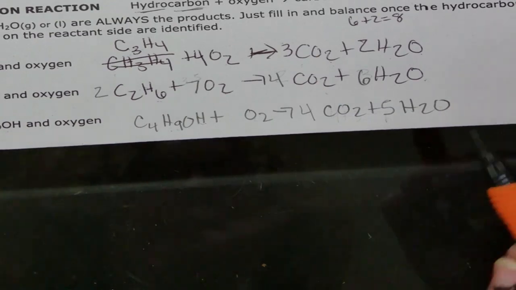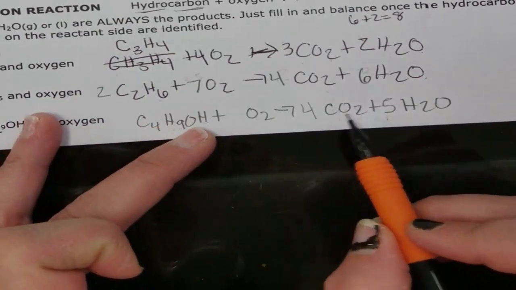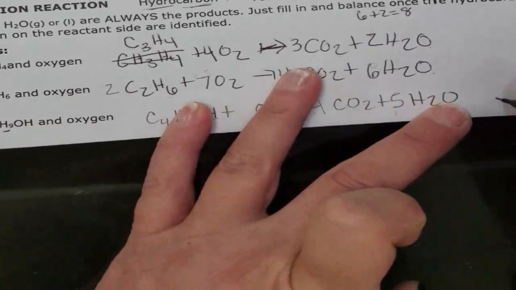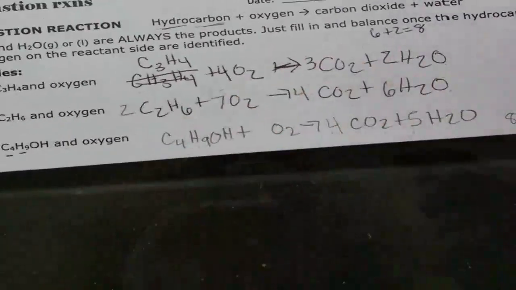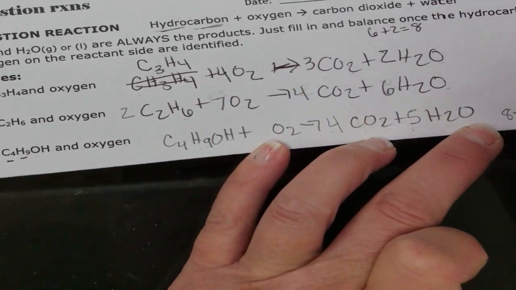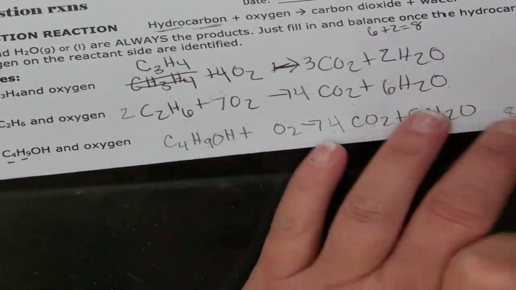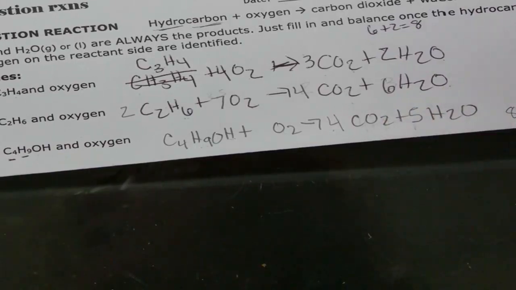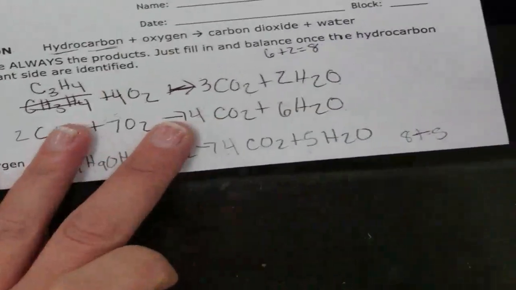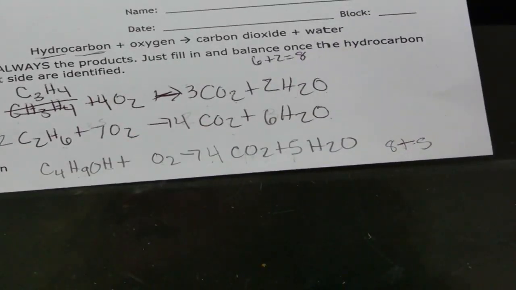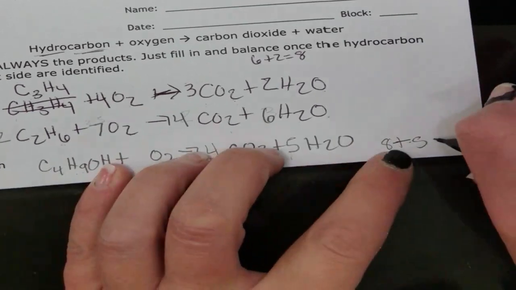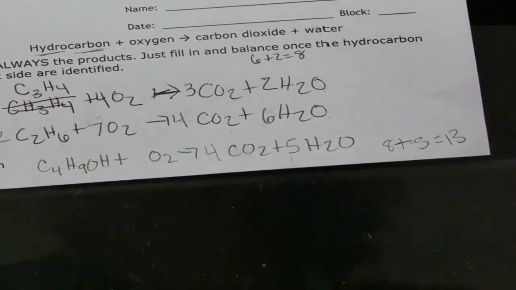What about my oxygens? On the product side, 2 times 4 is 8, plus 5 times 1 is 5. So 8 plus 5 is 13. That is an odd number.